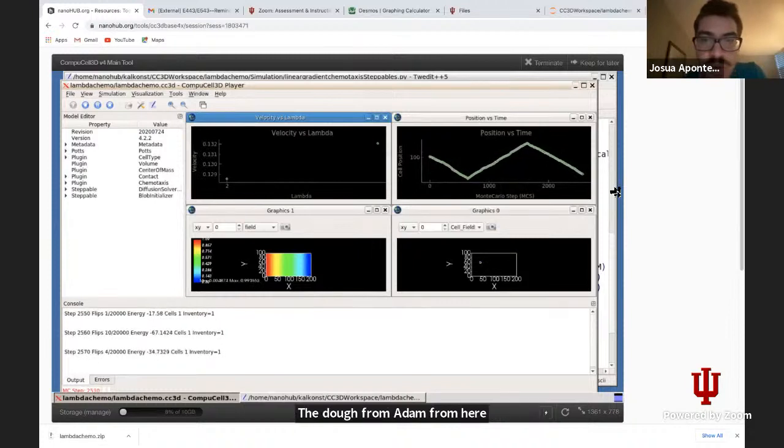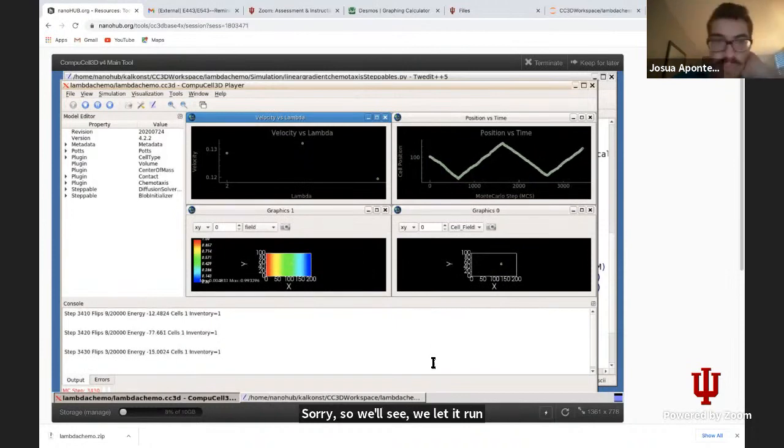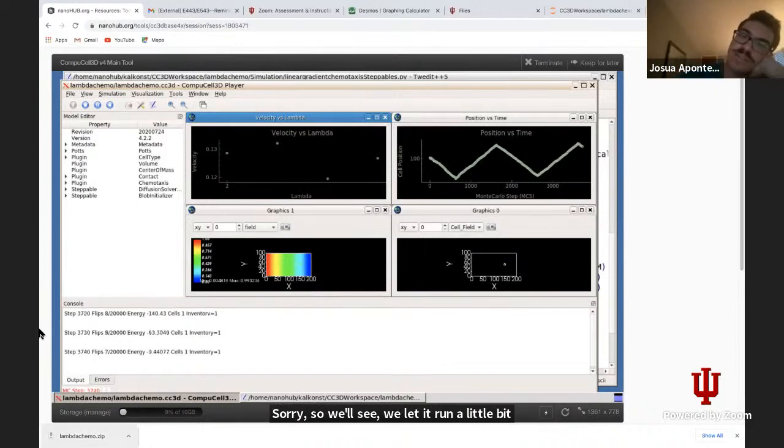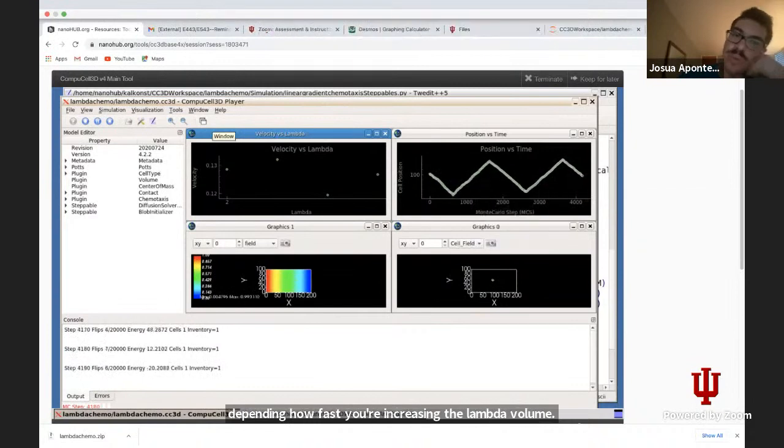There you go. So we'll see. We've got to let it run a little bit, because depending on how fast you're increasing the lambda volume, you might need to let it run for a little bit.